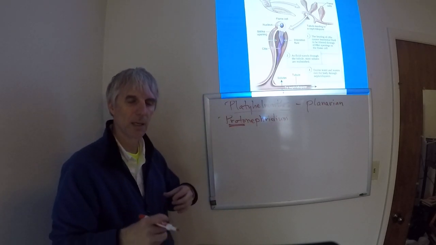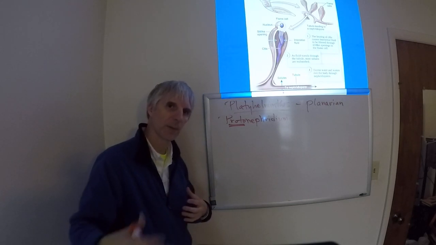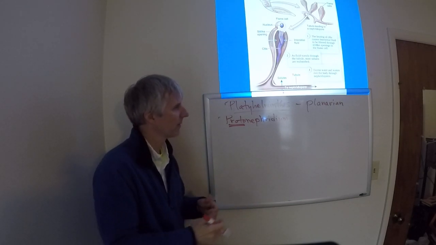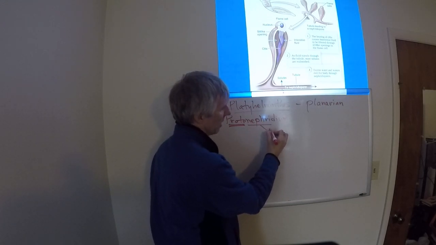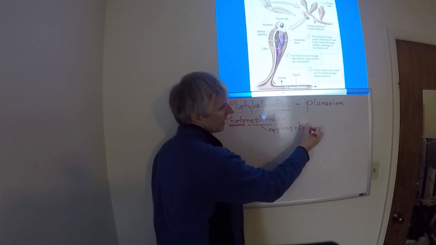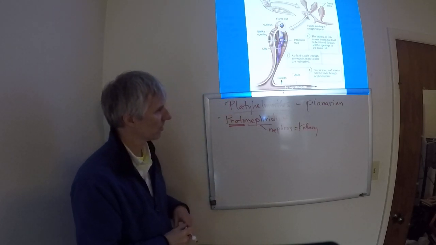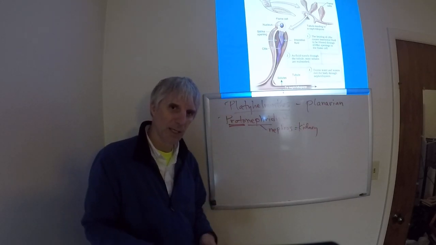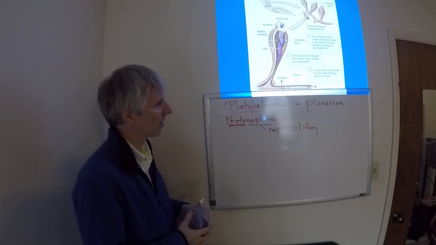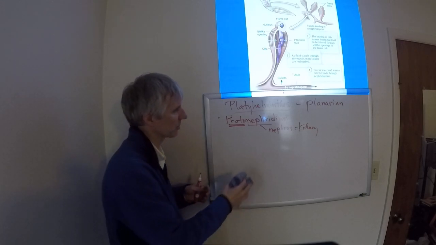Proto meaning early, like prototype, the early type, the one you make first as you're trying to figure stuff out. And then anytime you see this nephros, think kidney. So this is like the prototype kidney, okay?